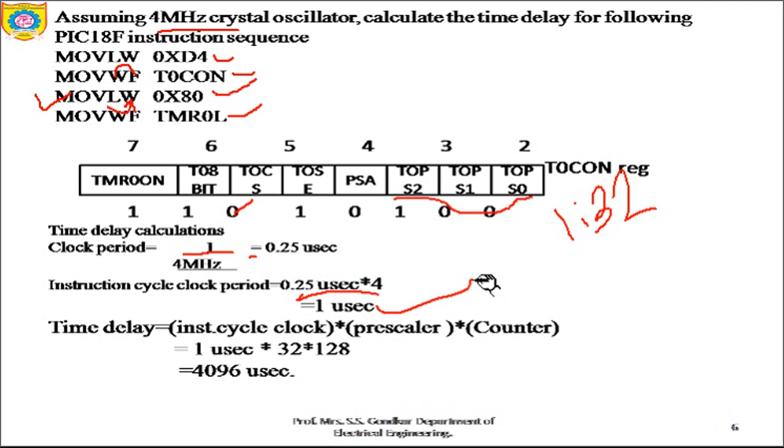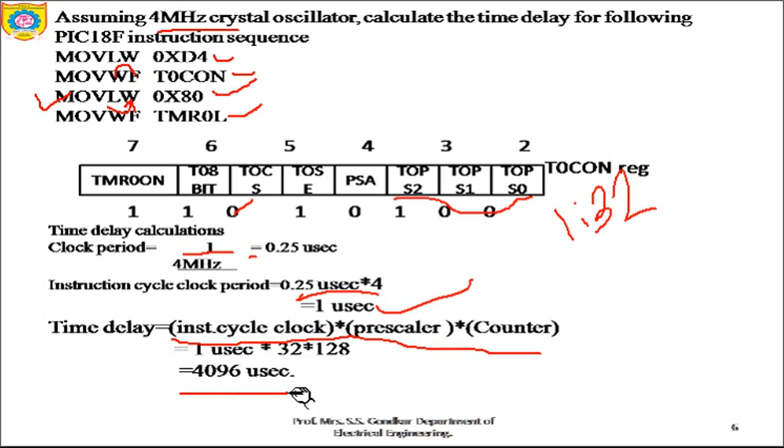But we have to find out the time delay. Time delay is found by using this formula. Time delay is equal to instruction clock cycle multiplied by prescaler multiplied by counter. So it is 1 microsecond multiplied by 32 multiplied by 128, which is equal to 4096 microseconds.